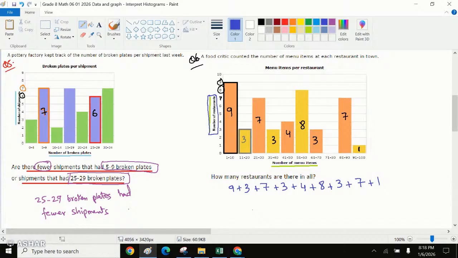Do we agree? I just did that randomly. Let's count it again: 10, 19, 22, 26, 34, 44, 45. Sorry, the total is 45 restaurants all together, right?